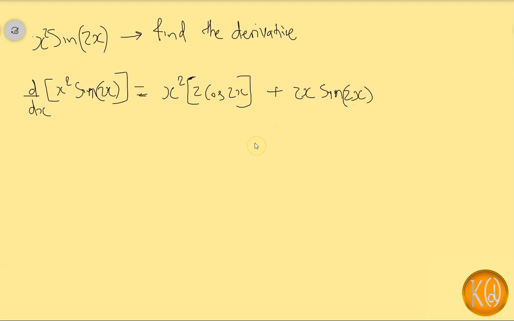Okay, great. Therefore, you can simplify that, so that's 2x squared cos 2x plus 2x sine 2x.